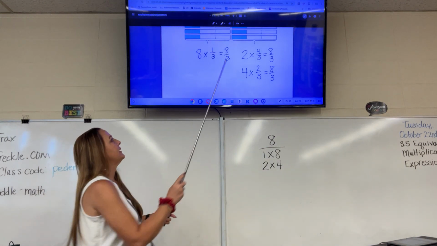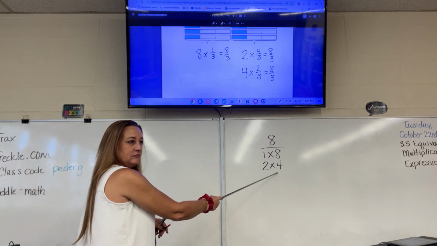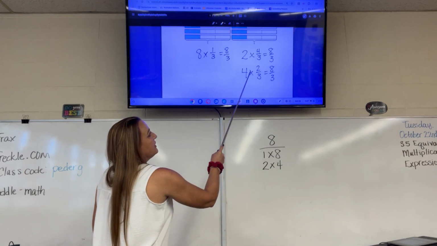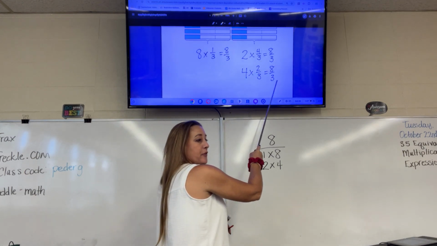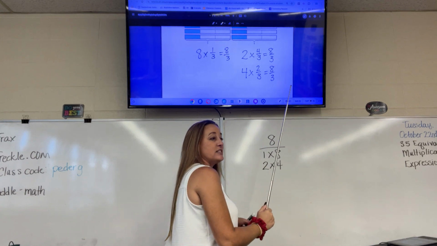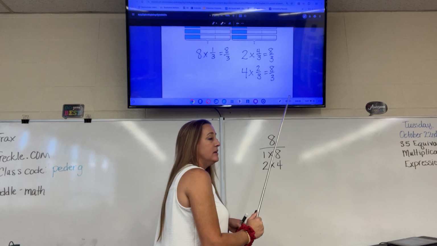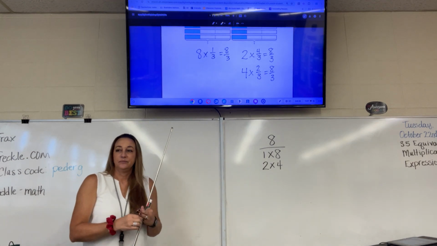2 and 4 are factors of 8, right? Watch. 2 times 4 is 8, like 4 times 2 is 8. But you gotta have the 3 on the bottom because it's 8 third size pieces. So we're talking about a fraction. You with me? Okay, so what's that leave us with over here?